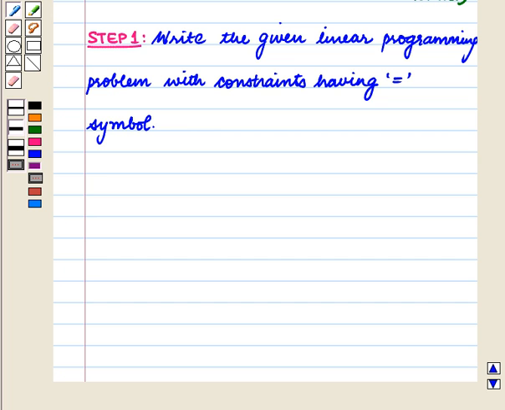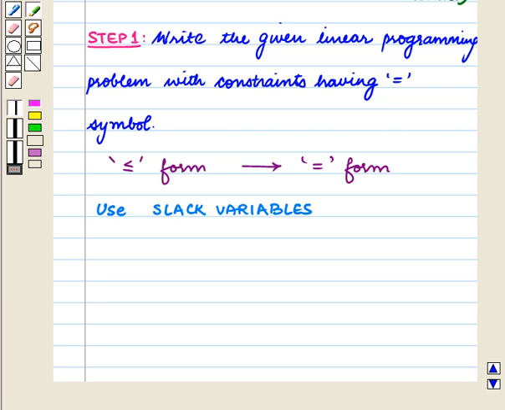Our first step is to write the given linear programming problem with constraints having equal to symbol. It means the constraints in less than equal to form should be written in equal to form. For this, we will make use of slack variables.